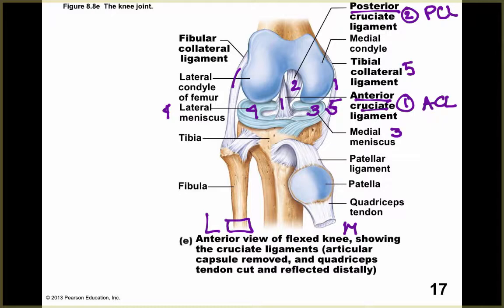It's the tibial collateral ligament, also known as the medial collateral ligament. I'll take both names, but you might want to know them both in terms of the book, to see which one they ask on a test. And this one right here is the fibular, it's by the fibula, and this one is by the tibia. This is also known as the lateral collateral ligament.